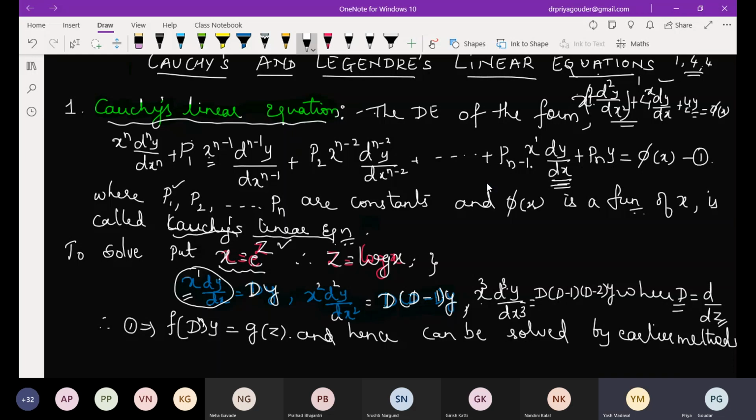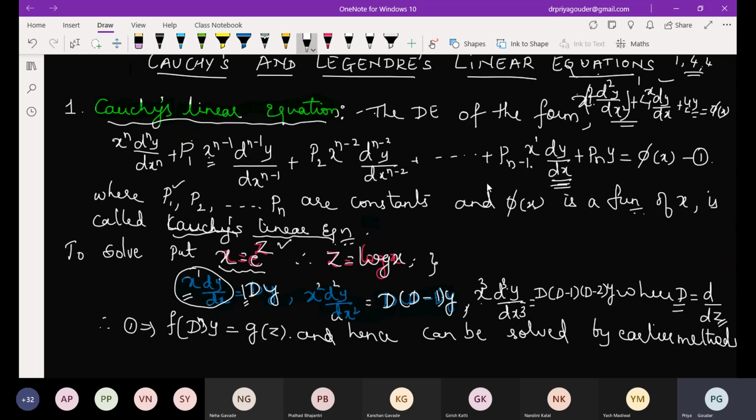Variable. Now see the coefficient of Dy here. What is the coefficient of Dy? Isn't it 1? So is it constant or variable now? It is constant, right?